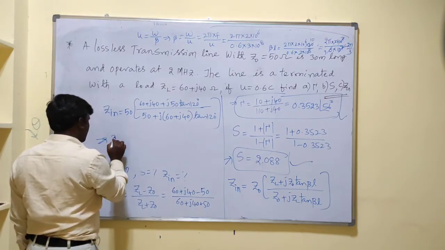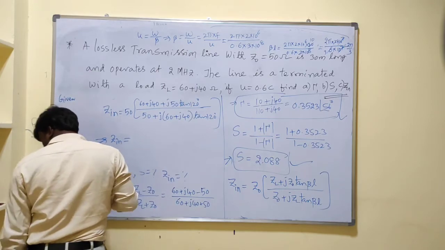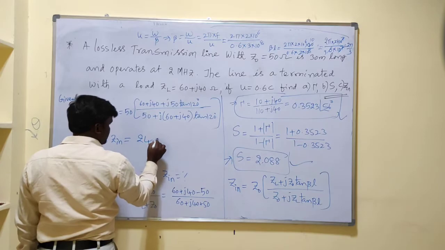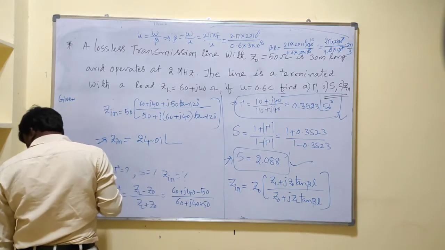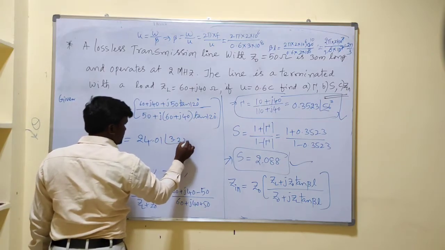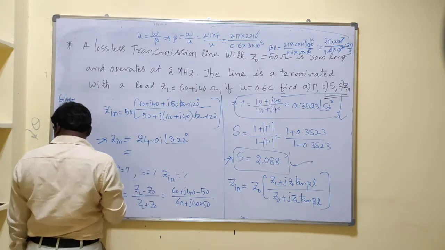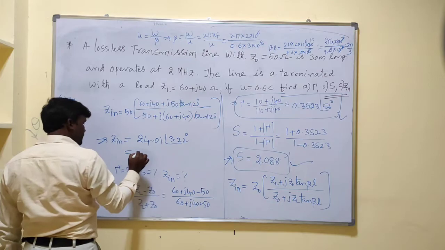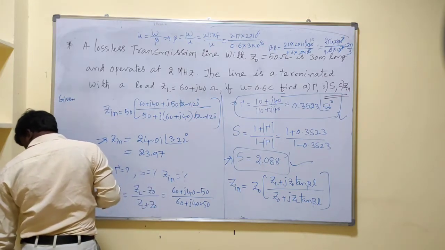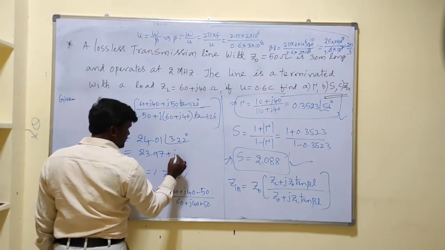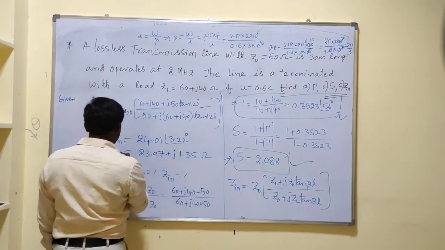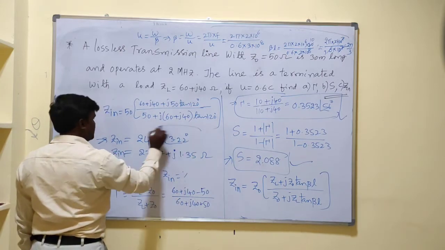After simplification, we will get Zin in the complex form as 24.01 at an angle of 3.22 degrees, or else it is 23.97 plus j1.35 ohms. So this is the value of Zin.